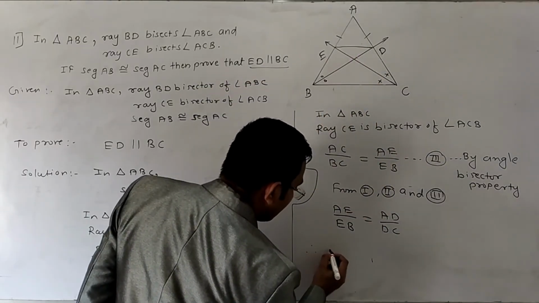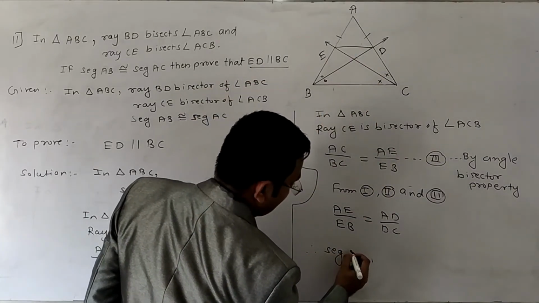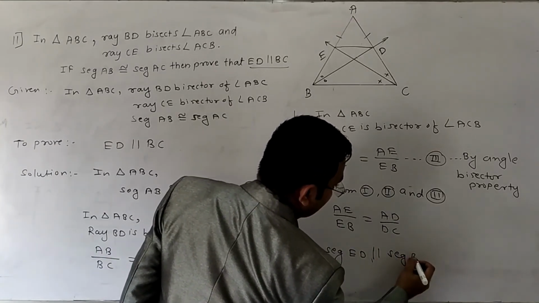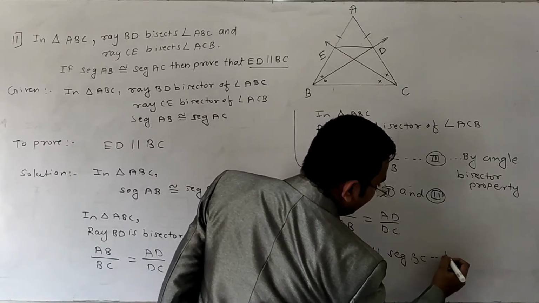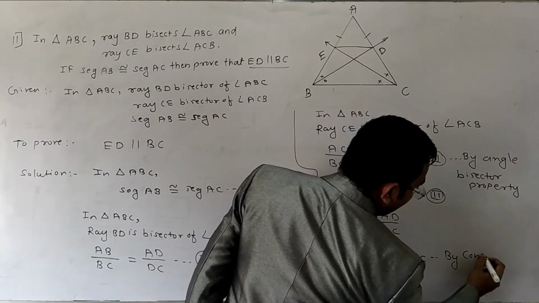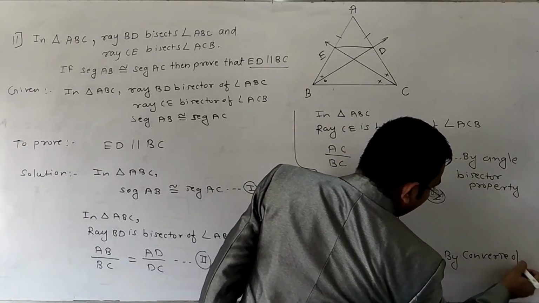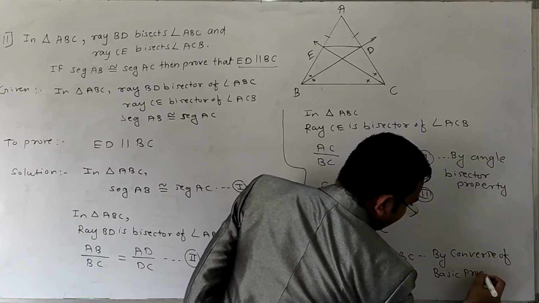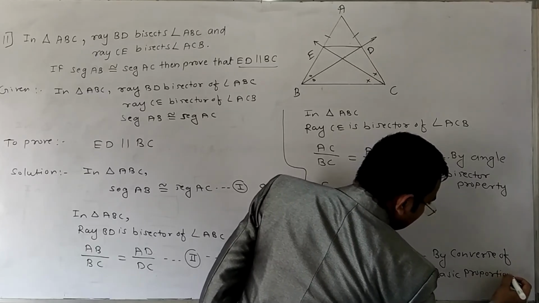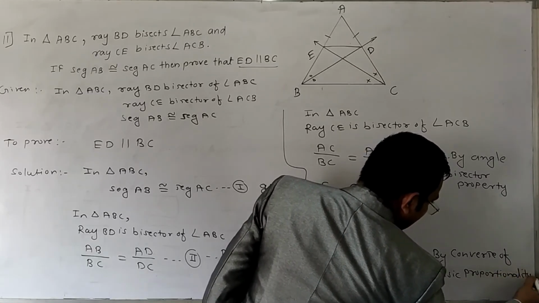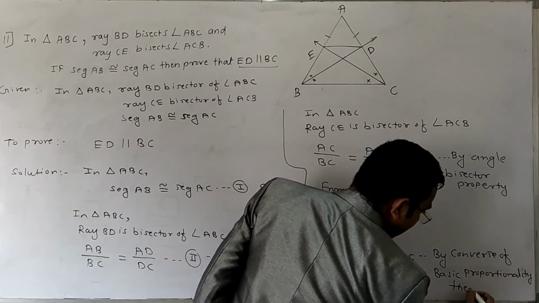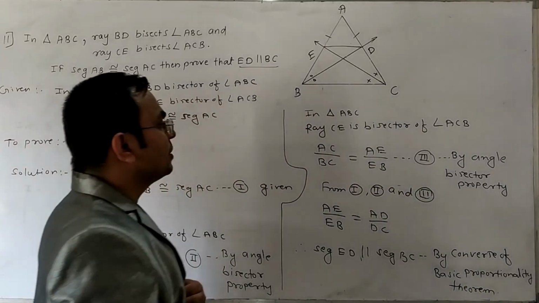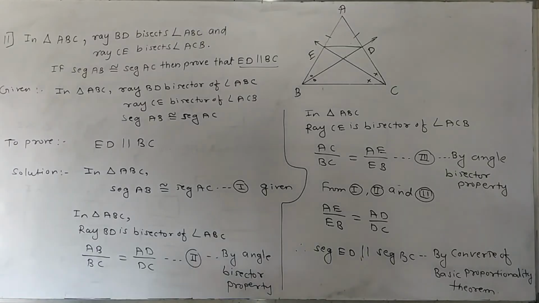So therefore segment ED is parallel to segment BC by converse of basic proportionality theorem. So write down this.